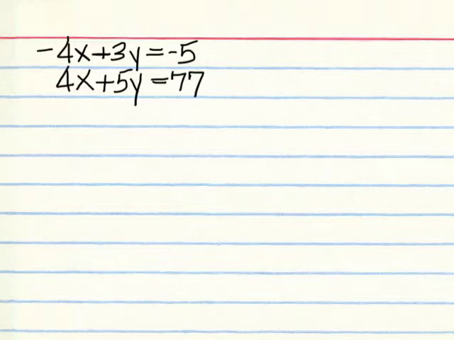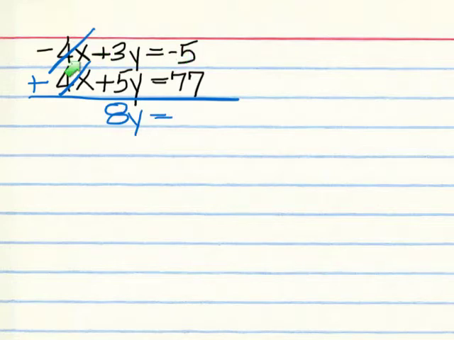You have a -4 and a +4. There is no need to do any multiplication on this problem, because if you add together, you eliminate the x's, since they are opposites. So there's no multiplying to do, just add and cancel these out. 3 plus 5 is 8.